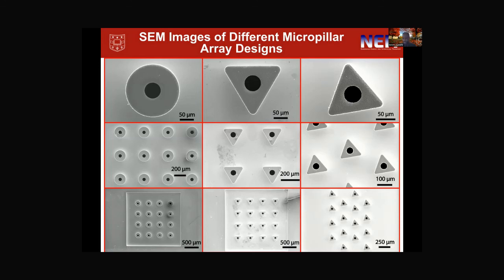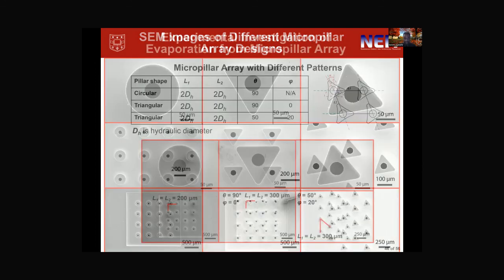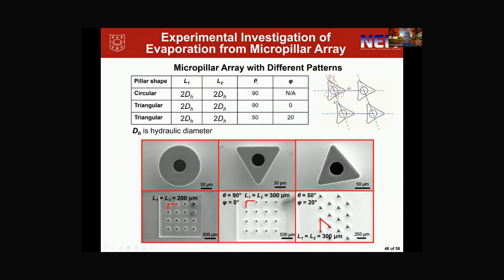We're studying the evaporation characteristics of all these different array patterns and shapes. Here are some of the parameters associated with these evaporation experiments. And so far we've gotten pretty good agreement between our simulations and evaporation experiments. So we're very encouraged with that.